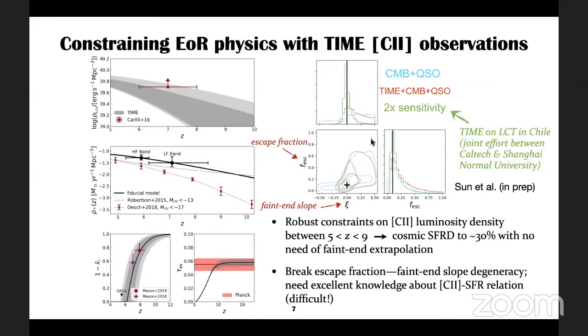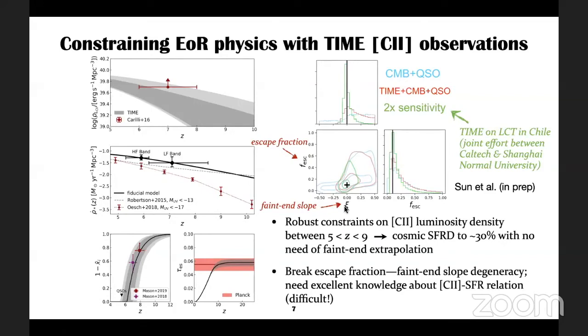The red case is the CMB plus quasar plus TIME. And finally, the green case is if we assume 2 times better TIME sensitivity.